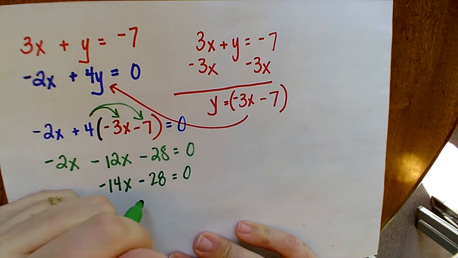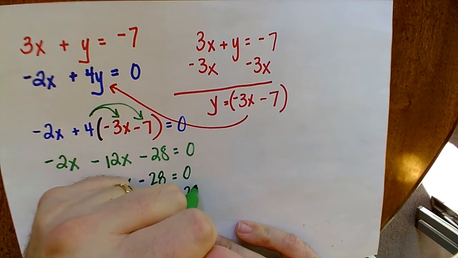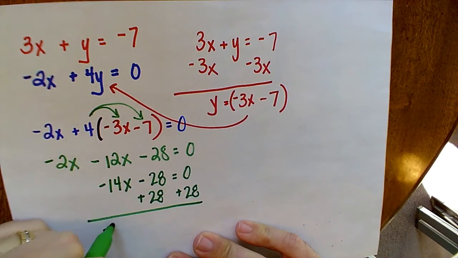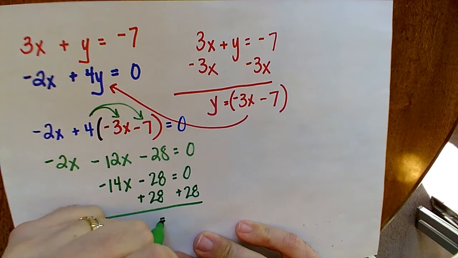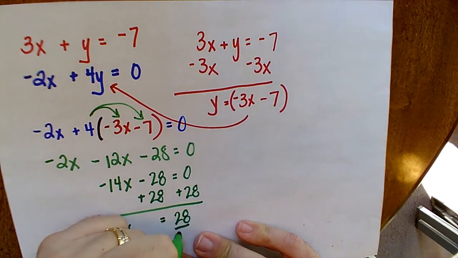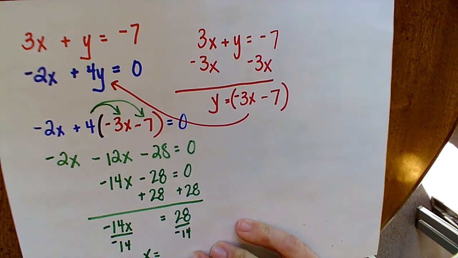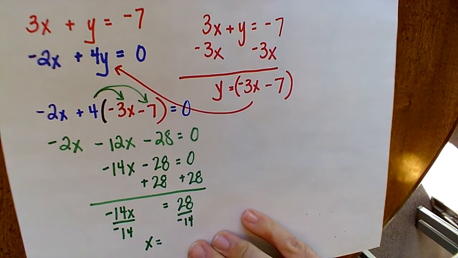We're going to add 28 and add 28. Negative 14x equals 28. Divide by negative 14, divide by negative 14. X equals negative 2.